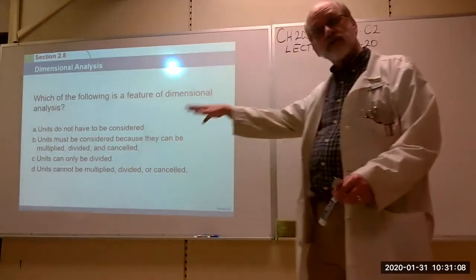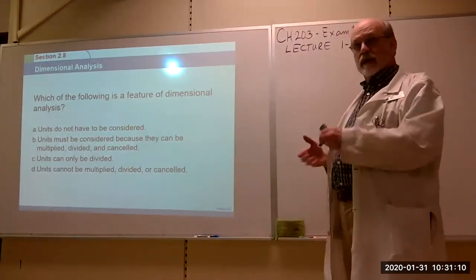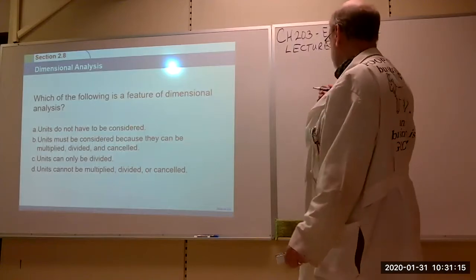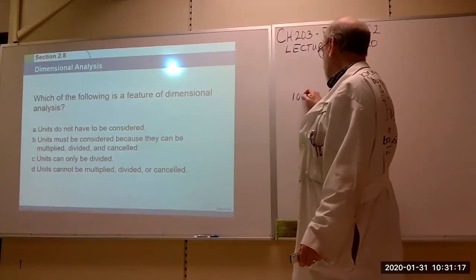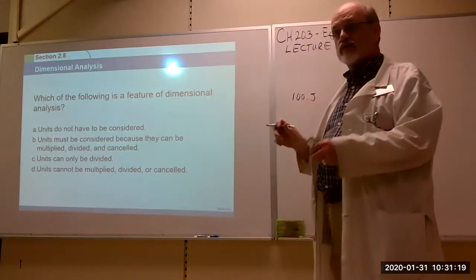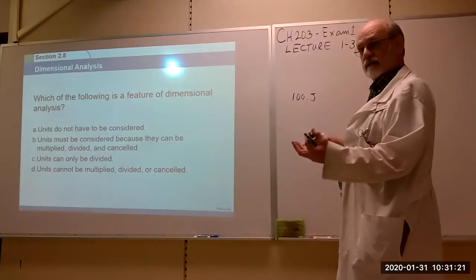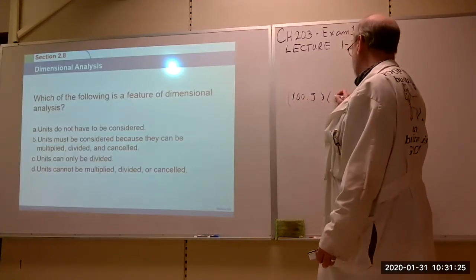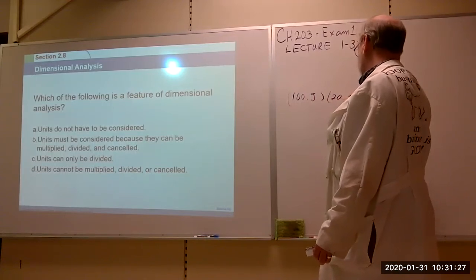Now, up to this point, we just canceled units. But say we have 100 joules, which is a measure of energy, and our calculation says to multiply that times 20 seconds.